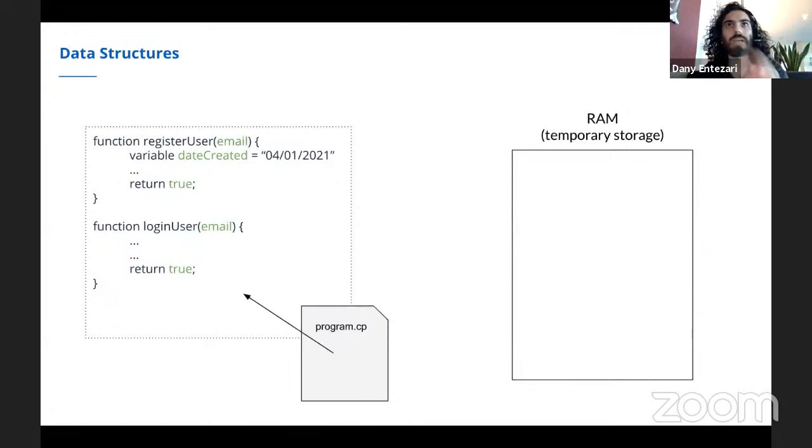So for example, when you open your laptop and you double click on a file, let's say program.exe or program.dmg if you're a Mac user, the CPU is reading the contents of that file, and then turning it into a process by creating some things.